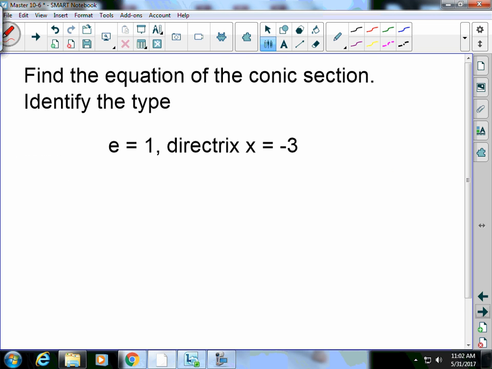So here's the first one. e equals 1, that means it's a parabola. That's what that defines for us. I have an x here, so that means I need a cosine theta. I have a negative here, so I want a negative in my function. My function again is r is equal to e times d all over 1 plus e cosine theta. Well, let's plug and play.